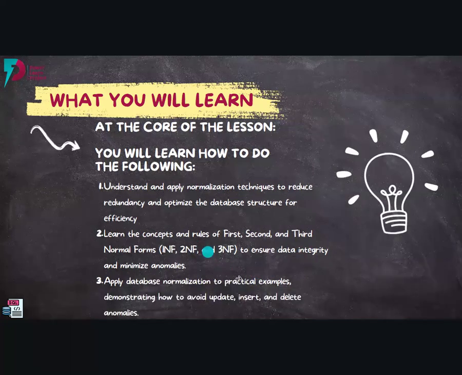Number two, we are going to learn the concepts and rules for first, second, and third normal forms to ensure data integrity and minimize anomalies. We're also going to apply database normalization to practical examples demonstrating how to avoid update, insert, and delete anomalies. So let's start with the first topic of the day.